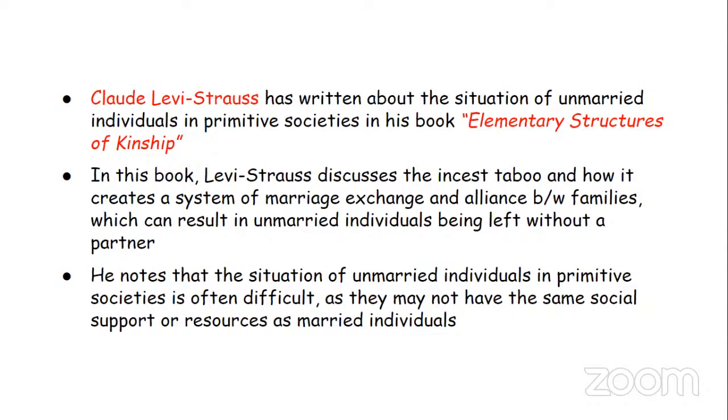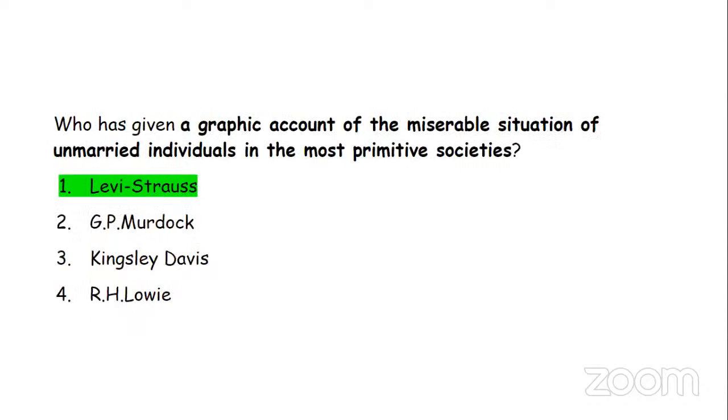He notes that the situation of unmarried individuals in primitive societies is often difficult as they may not have the same social support or resources as married individuals. So it is Levi-Strauss who gave a graphic account of the miserable situation of unmarried individuals in the most primitive societies.